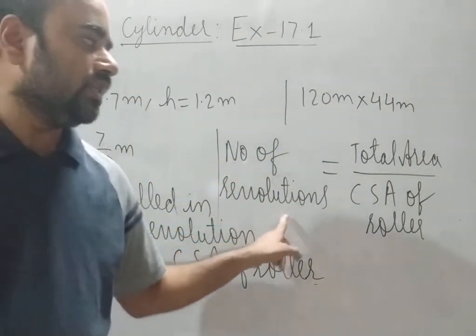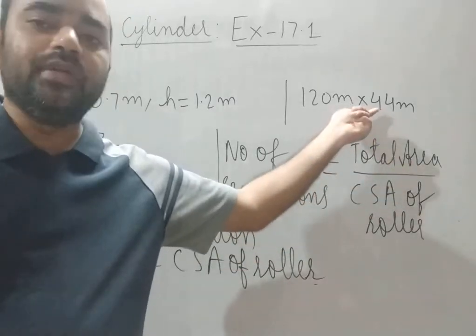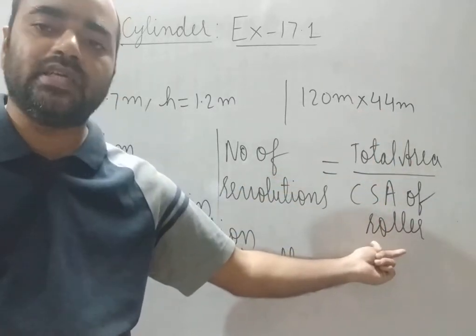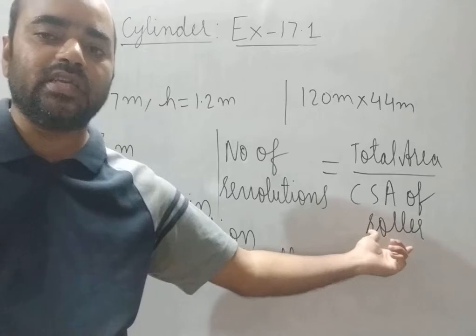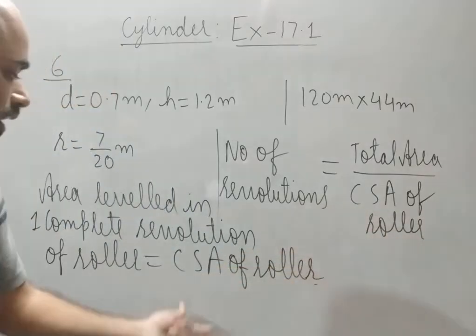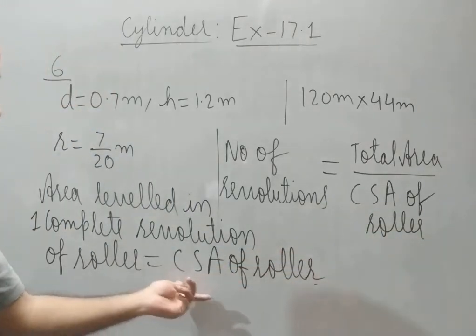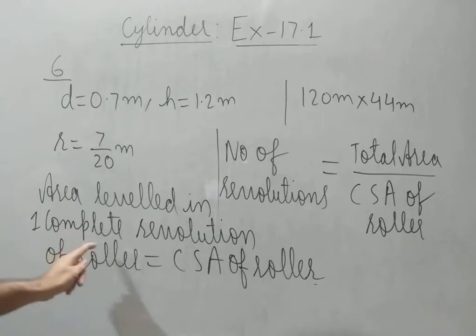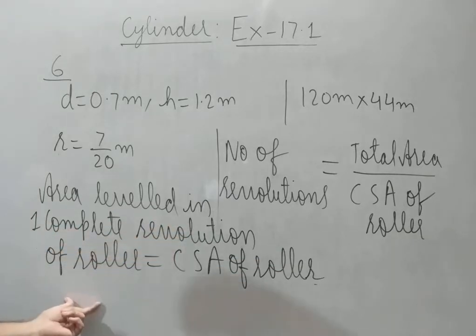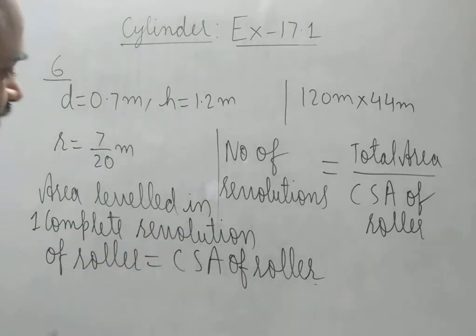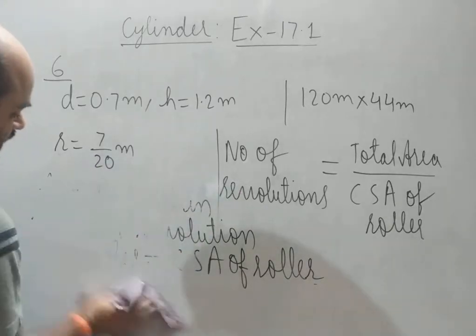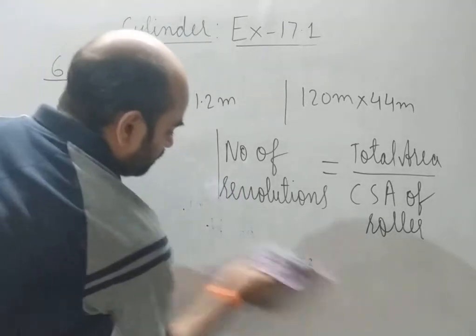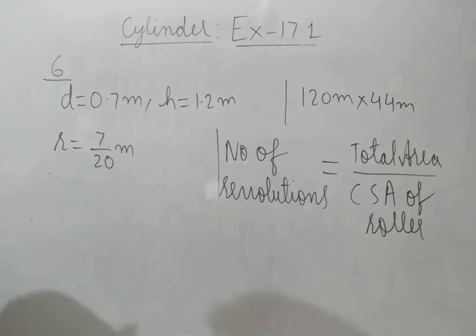Number of revolutions is equal to total area to be leveled upon curved surface area of roller. Why curved surface area of roller? Because curved surface area means the area leveled in one complete revolution of roller. So we have to calculate that quantity. Substitute the value.